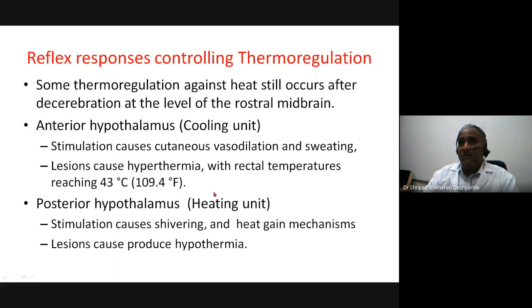Now coming back here, in decerebrate animals, what happens to thermoregulation? It is seen that in decerebrate animals, thermoregulation still persists, and especially thermoregulation against heat still occurs. Decerebrate means the hypothalamus is out, it is not there.